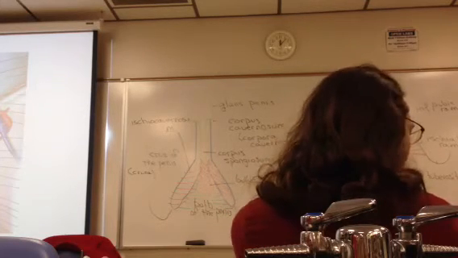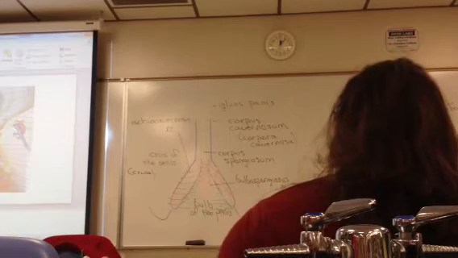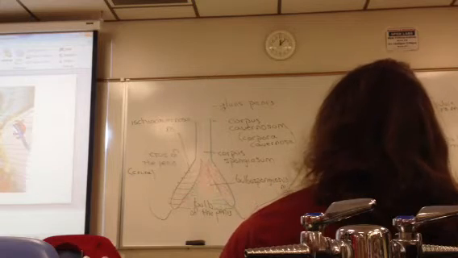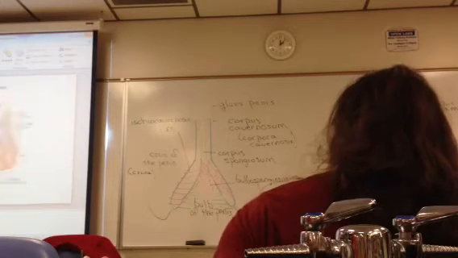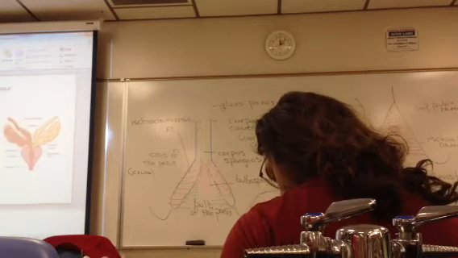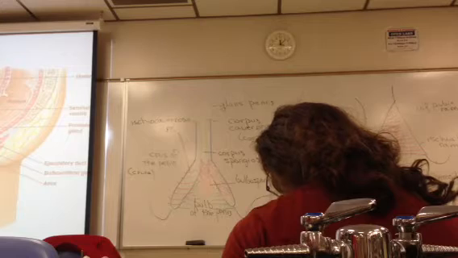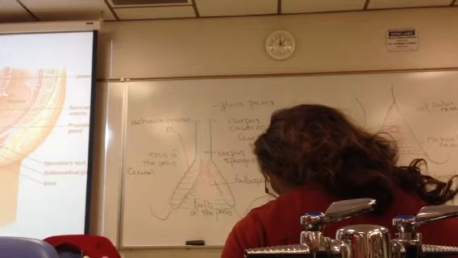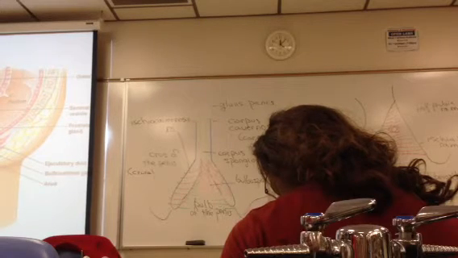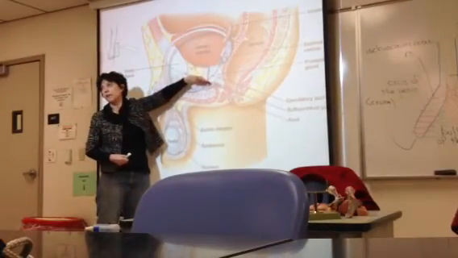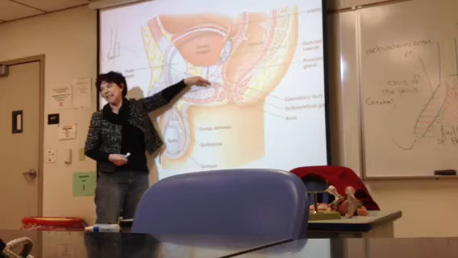So now let me go back to a sagittal section of the male, and let's look at these structures as they would appear on that sagittal section. So on the model, you're going to want to look for this muscle tissue immediately deep, or inferior, rather, to the prostate gland.